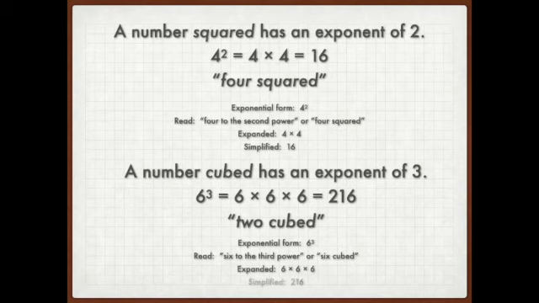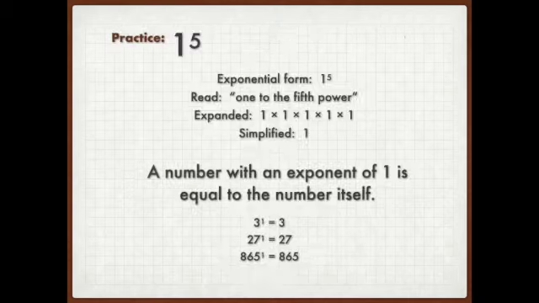Okay, so we have the words here that we've kind of seen before: the word form or the read form, the expanded form, and then the simplified or the answer form. Okay, so if I go 1 to the fifth power, it's going to be 1 times 1 times 1 times 1 times 1. And of course, the simplified answer is 1.